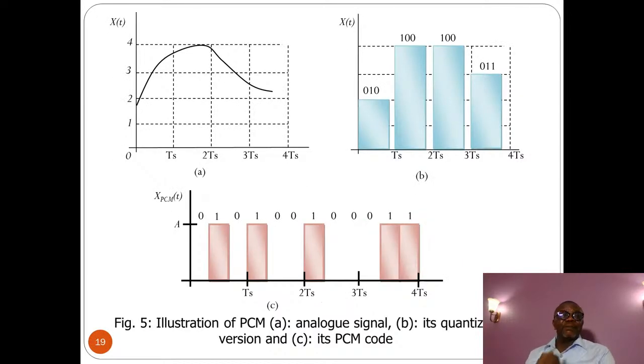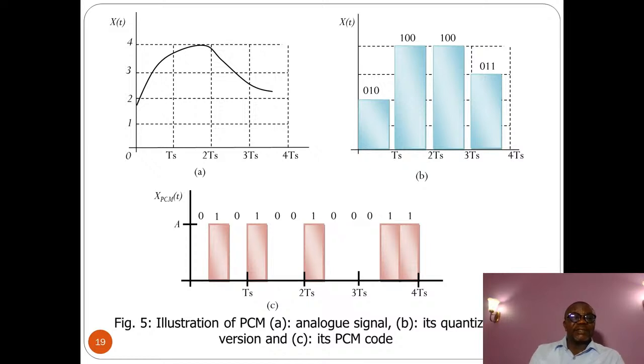If you look at Fig A here, where we have the analog signal from 0 to TS, we say that from 0, it is not up to 2, it is not 1, but it is closer to 2. We now took it to be 2. Now, that difference between the exact 2 and where the signal is introduces an error.